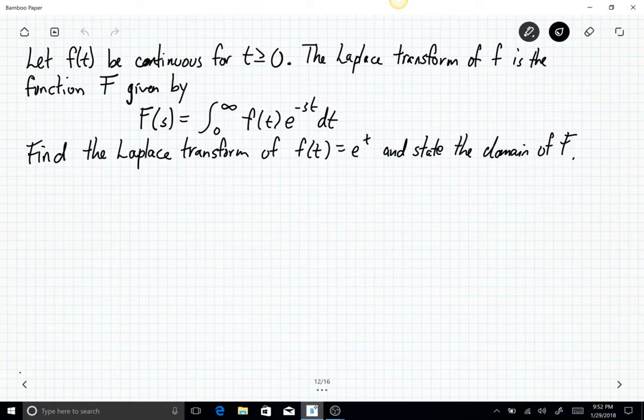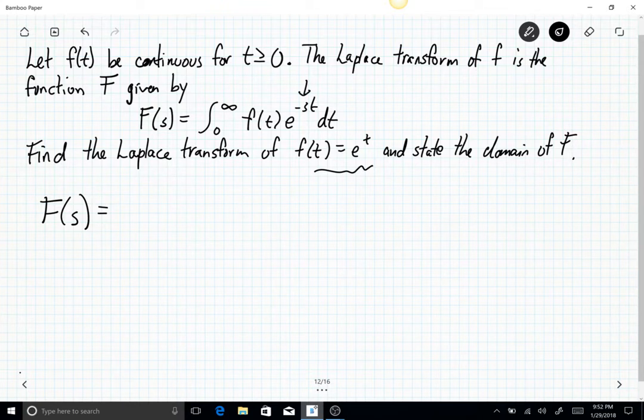So I want to try and illustrate what that is and how we actually go about calculating stuff. So if we have an integral from 0 to infinity of f of t e to the negative st, and we say f of t equals e to the t in that first case, we can find this function in terms of s. And where's the s coming from? Well, the s is going right there in terms of that exponent. So we can have the integral from 0 to infinity of e to the t, and then you have an e to the negative st, right?